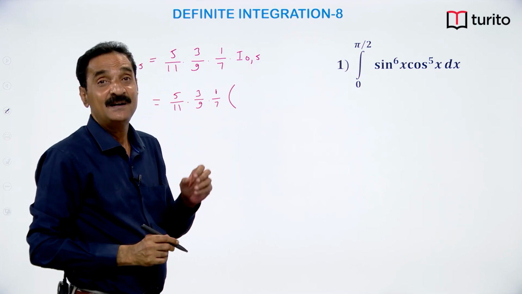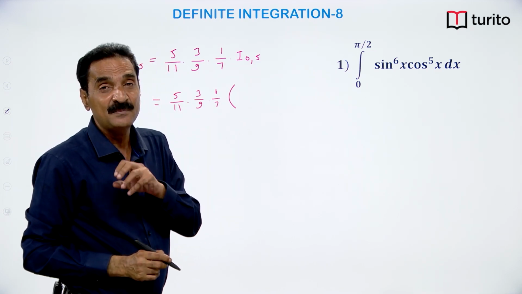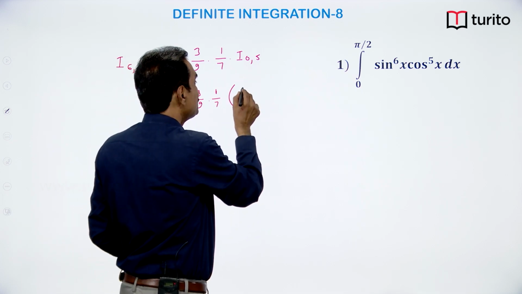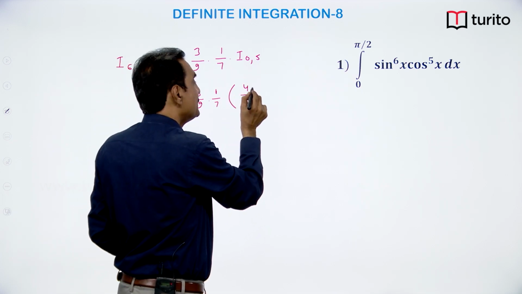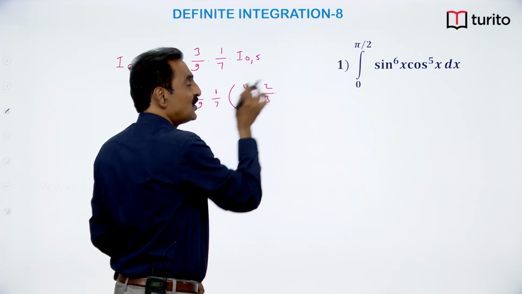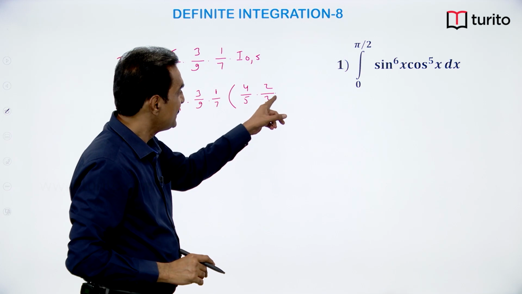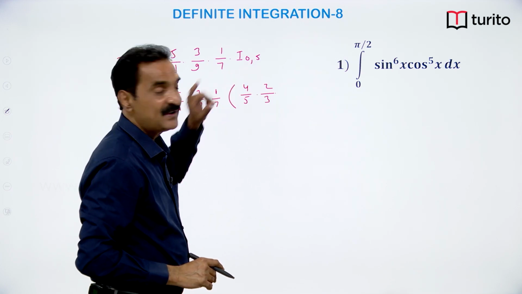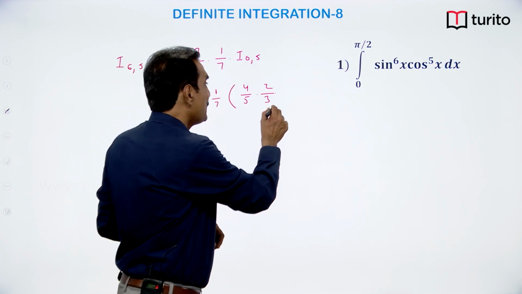Previous reduction formula, n minus 1 by n into I n minus 2. n minus 1 by n is 4 by 5, again subtracting 2 from the numerator and 2 from the denominator, 2 by 3, that is all. What is the next term? 5 is odd, so the last term will be I 1, and I 1 is 1.